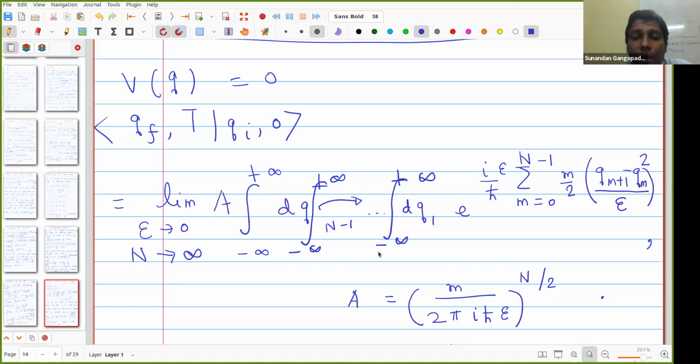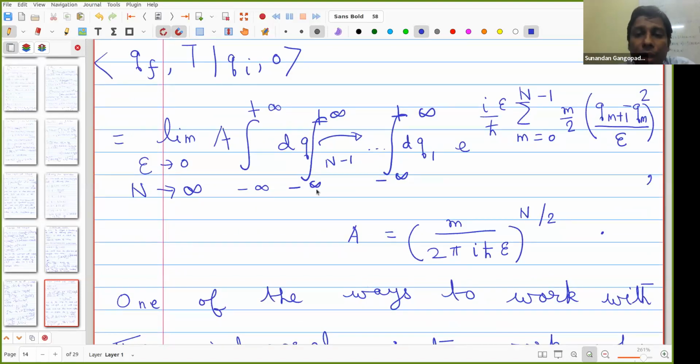Therefore, there are infinitely many ordinary integrals, and all the integrals run from minus infinity to plus infinity. That captures the fact that this is an integration over all possible paths. So that is why the name path integral.